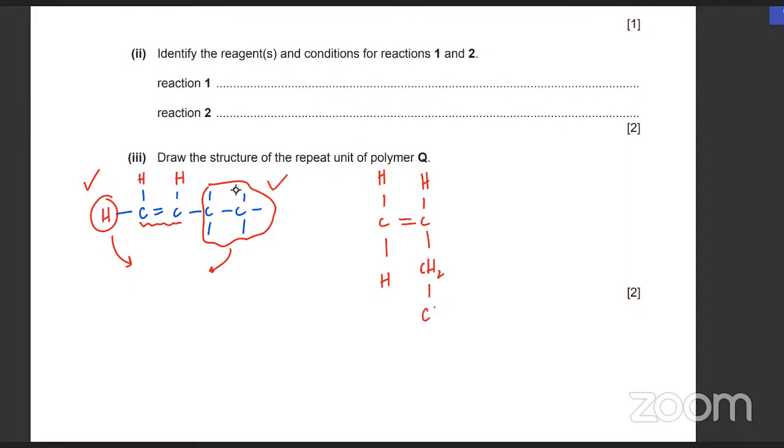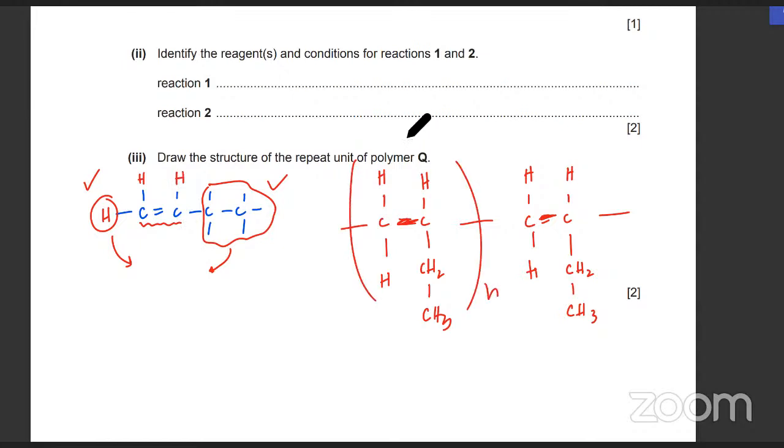CH2 and CH3. और फिर इस तरह के molecules जो है ना, they'll link up with each other. वो सारे आपस में जुड़ जाएंगे, and that is how a polymer would be formed. खैर उसे repeat unit कहा था, you just put brackets around it and you'll put n over here.